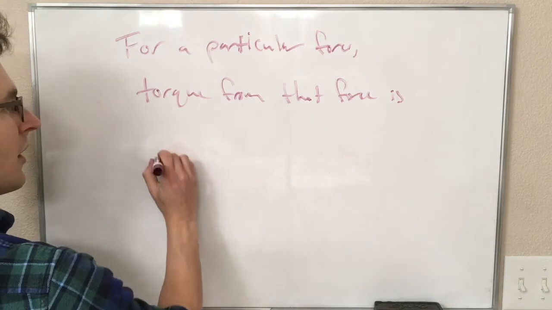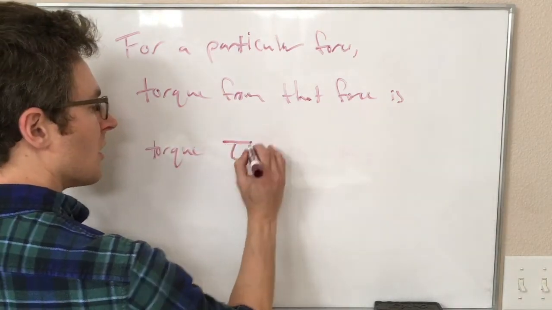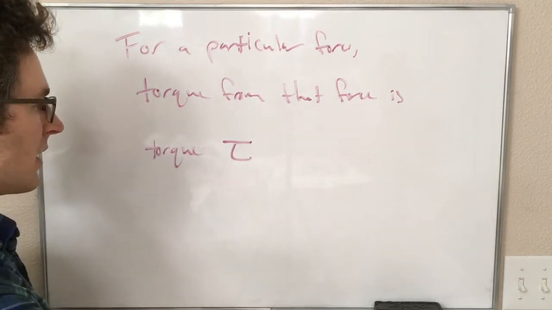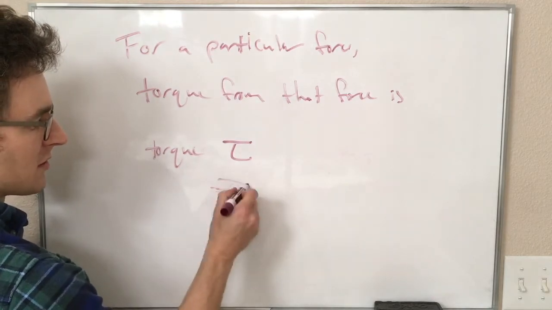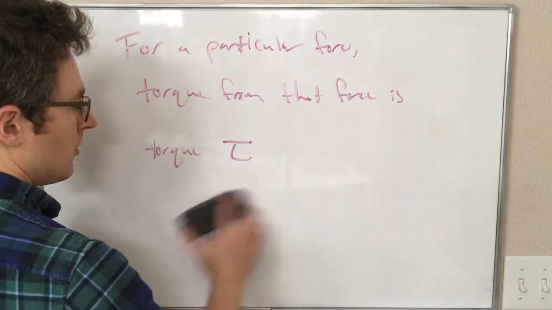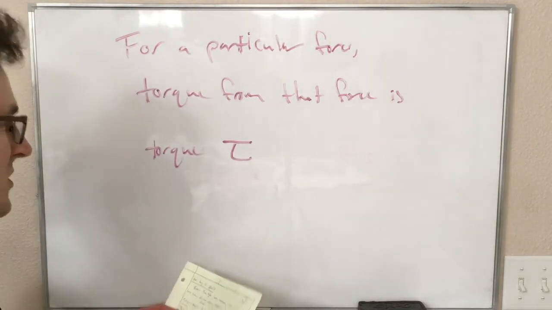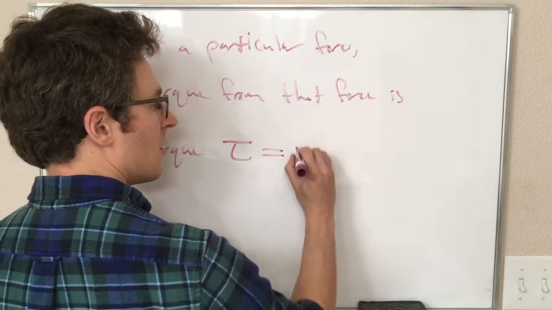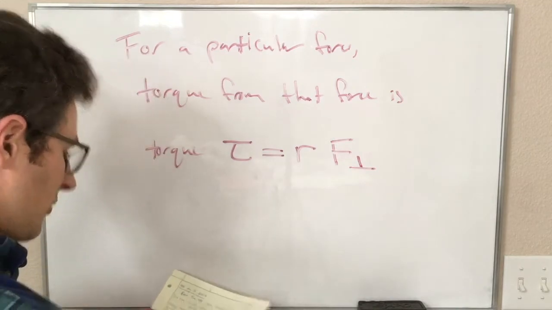So our torque is a Greek letter tau, lowercase tau. So I draw that like a lowercase t, but instead of crossing it in the middle, I cross it at the top. That is something like how it's drawn in most textbooks. So our equation for the torque is R times F perpendicular.